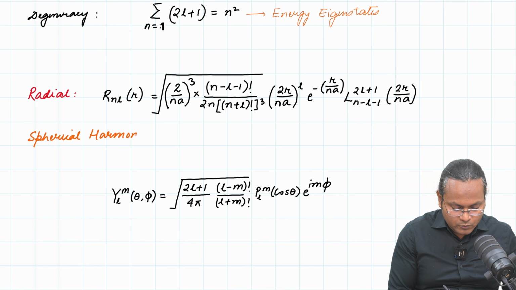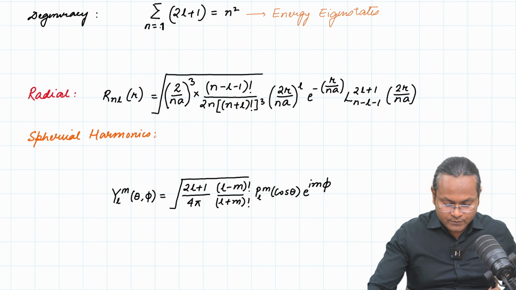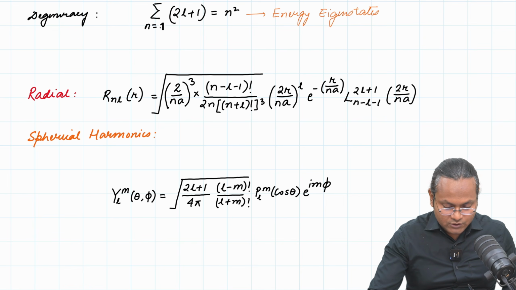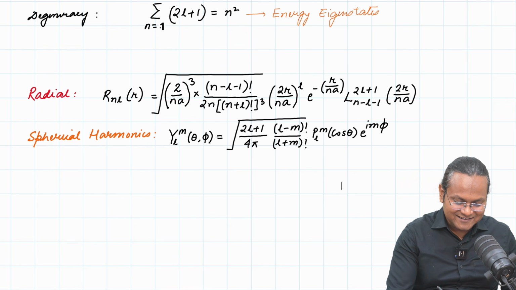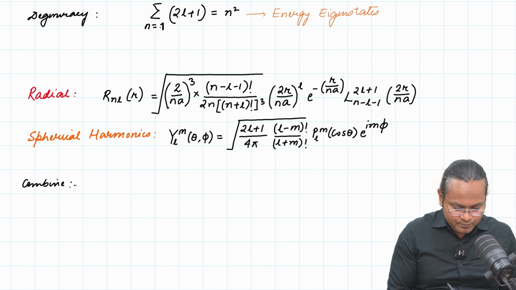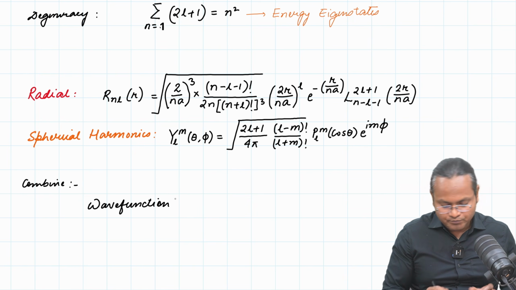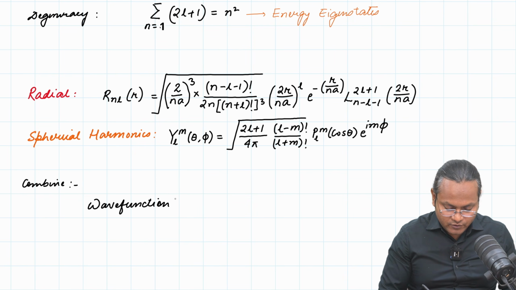Okay. When you combine them together, you get the overall eigenfunction solution. So let's combine them together and see what we get. Combining gives the wave function solution, or the eigenfunction solution, which is the space-dependent part of the wave function solution.